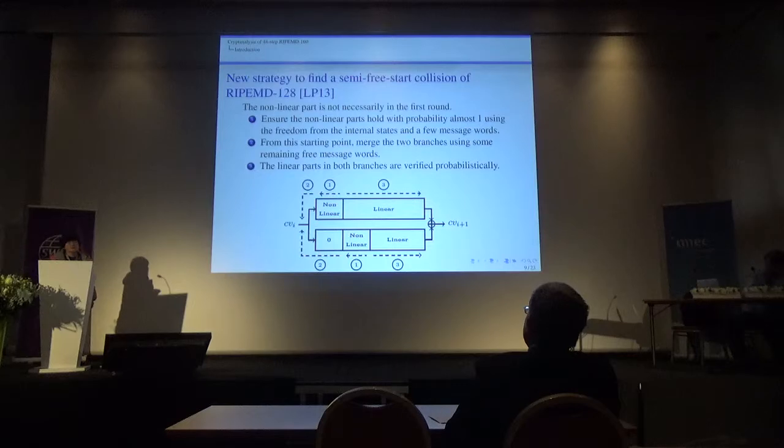Then we get some starting points, starting points here in the left branch, and starting points here in the right branch. Then compute backwards and get the initial values of both branches. And then in phase 2, we merge the 2 branches. That means we make sure the initial values of both branches are equal.